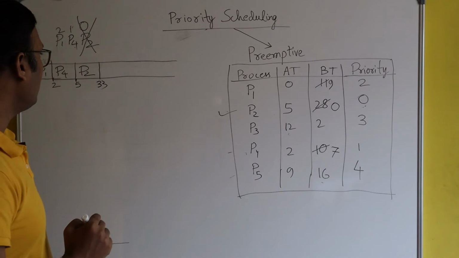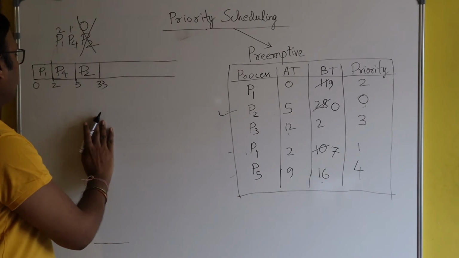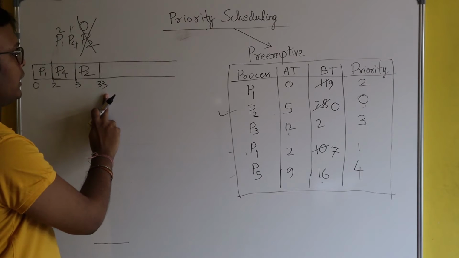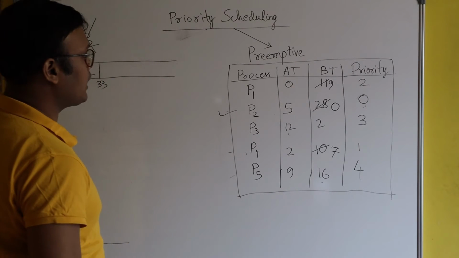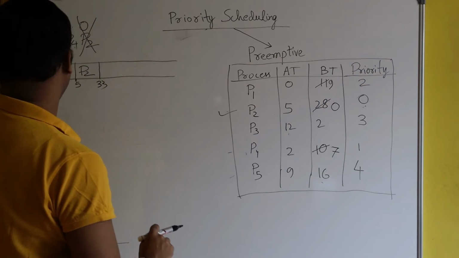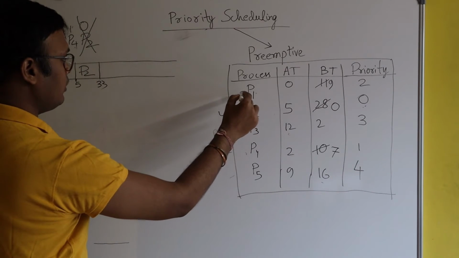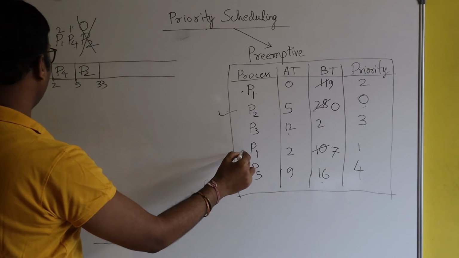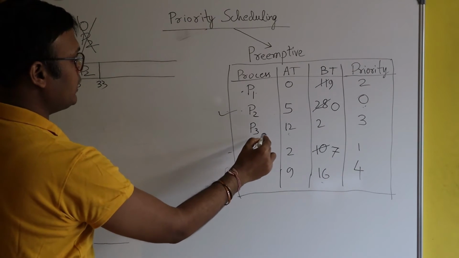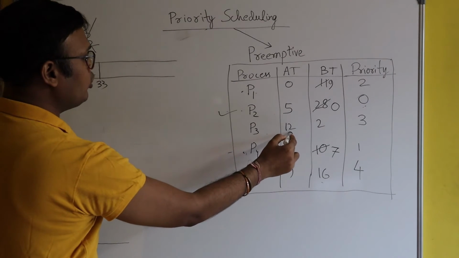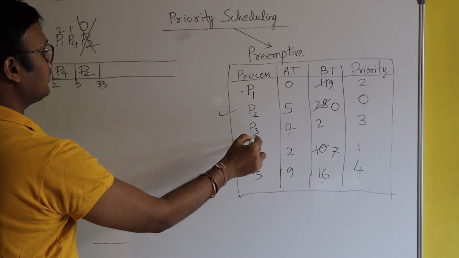Fine. So now P2 is done, and within 0 to 33 seconds you can see that all the processes are available. Till now P1, P4 and P2 were available, and at t equal to 12 seconds P3 also came.